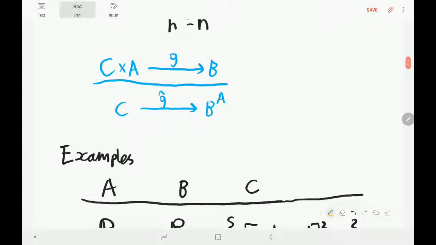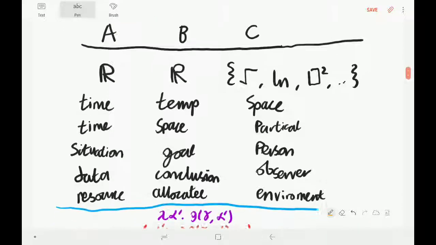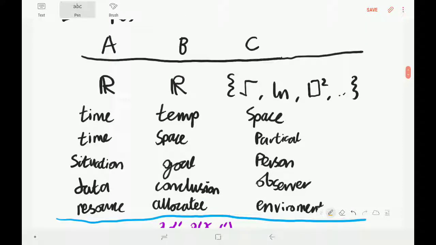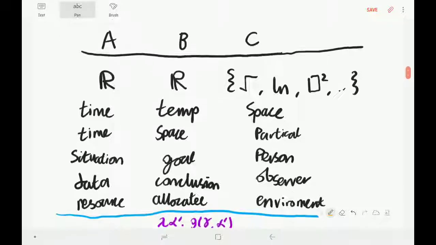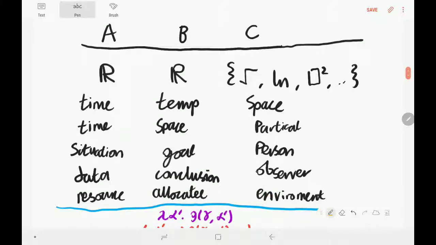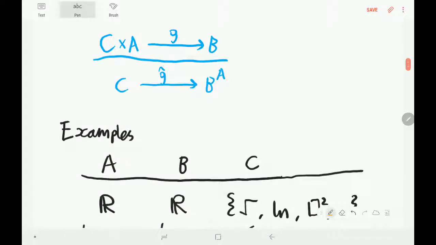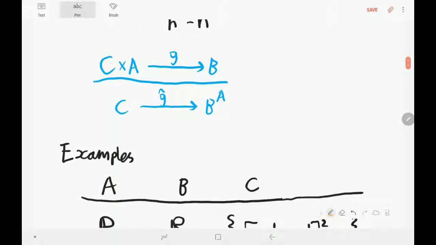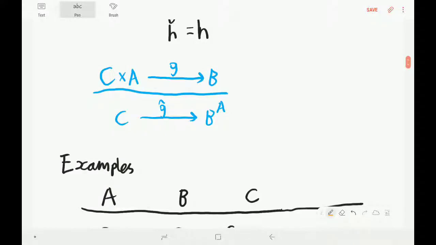So if you have some kind of resource allocation scheme, you might say, given a resource and an environment, we want some kind of function which picks out particular allocatees to get that resource.